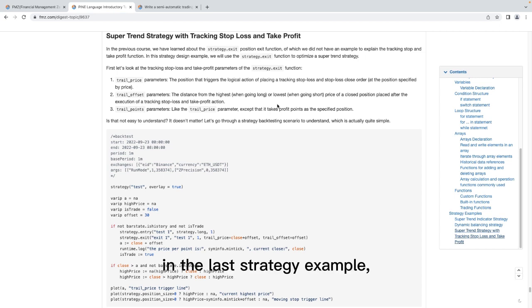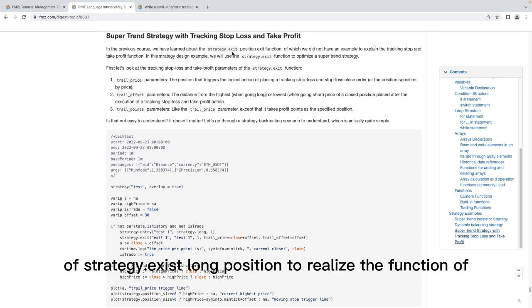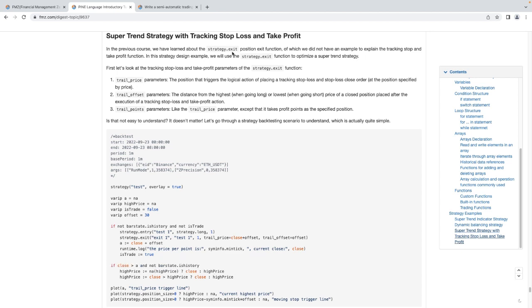In the last strategy example, we added an update here, and we mainly use the exit function of strategy exit long position to realize the function of trailing stop profit and stop loss.